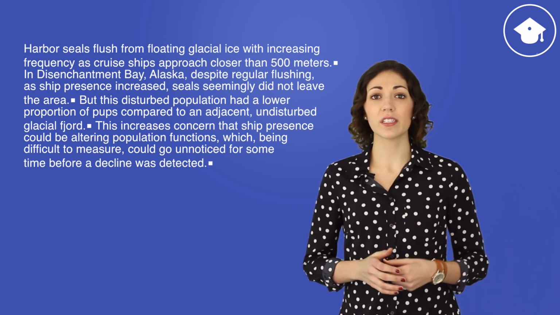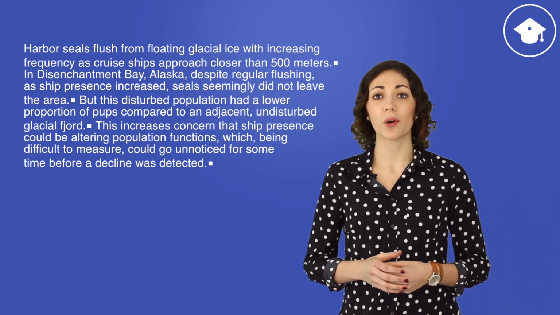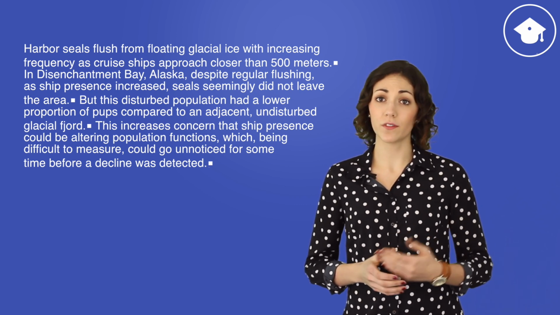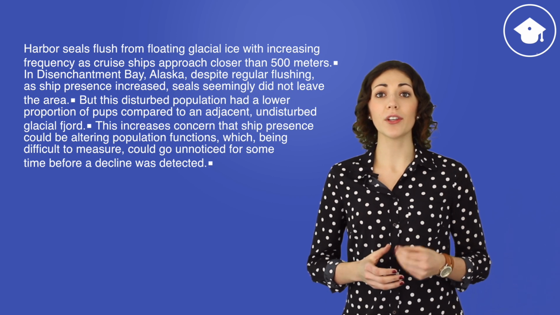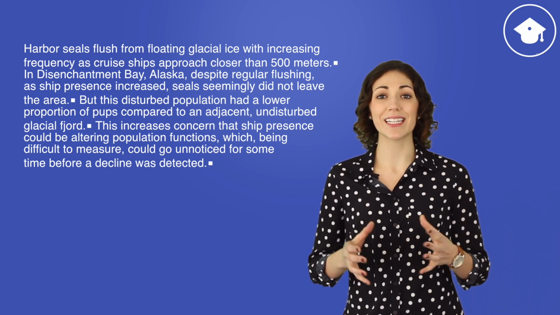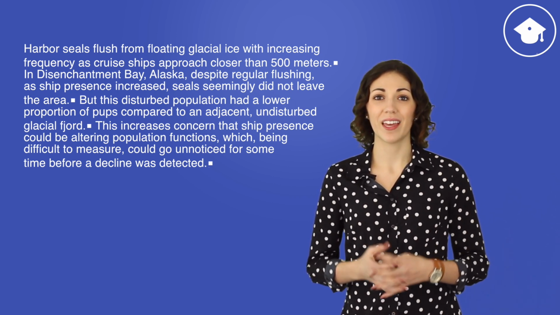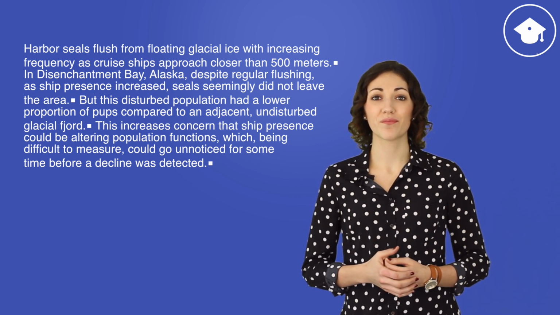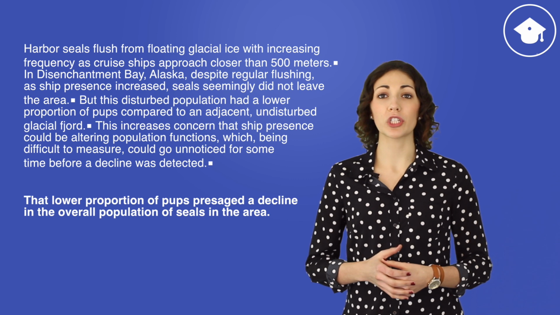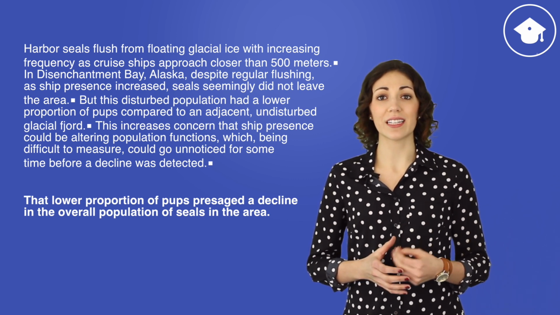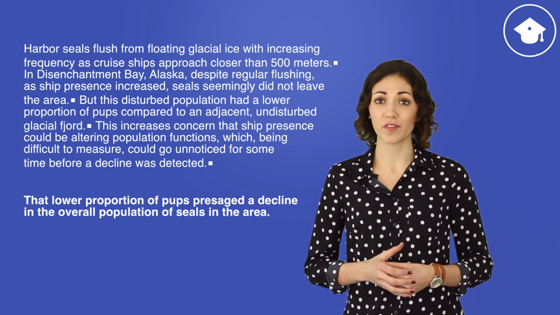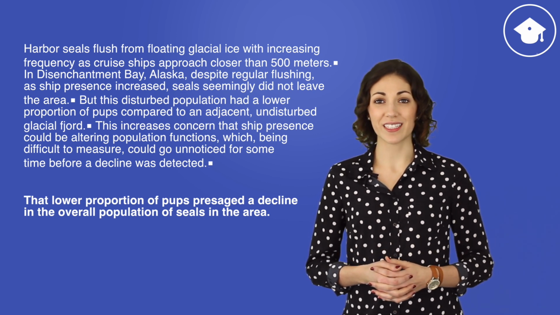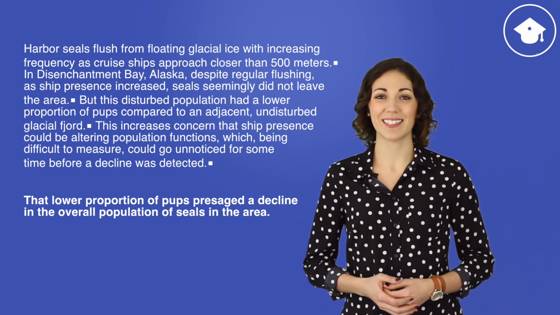This increased concern that ship presence could be altering population functions, which, being difficult to measure, could go unnoticed for some time before a decline was detected. Here's a sentence to insert into the paragraph. That lower proportion of pups presaged a decline in the overall population of seals in the area. Where would the sentence best fit? I'll give you a moment.